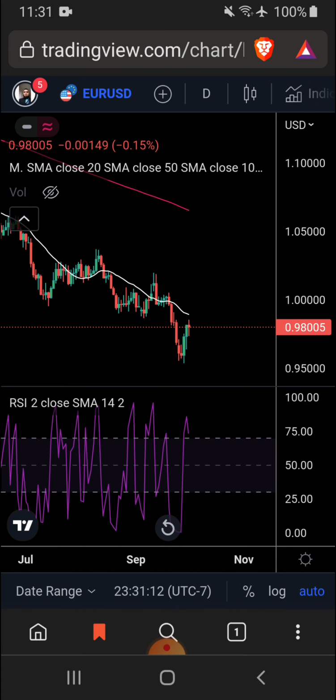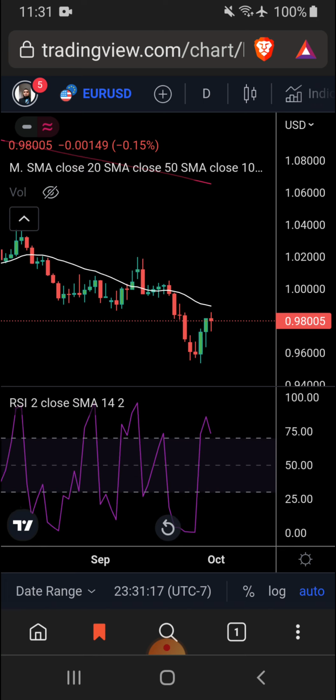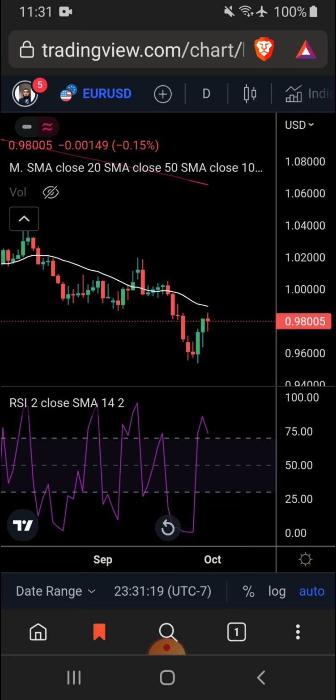So based on that, the first condition is the asset, stock, currency, future, crypto, has to be under the 200-day simple moving average.